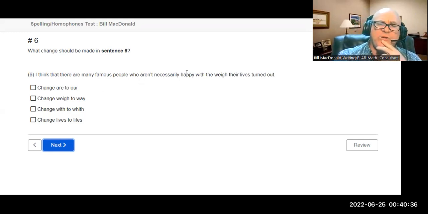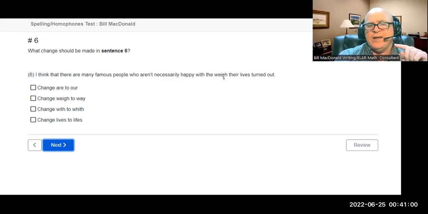So when you weigh something, you measure how many pounds or tons or ounces it is. If I have a way of doing things, that's a different one.